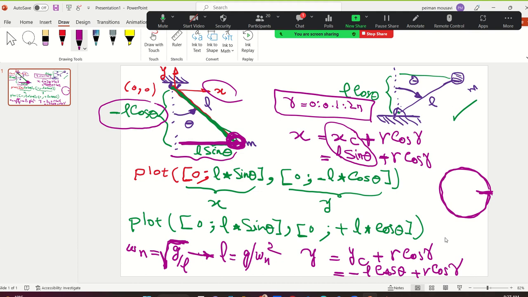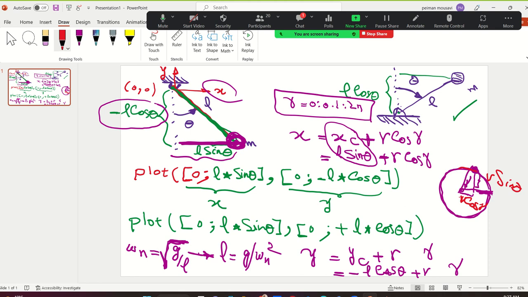Guys, I made a mistake here. Look at here. If you assume a point on a circle, and here is gamma, so x of c is gonna be x of c plus r cosine gamma. Here is r. Here is r cosine gamma. Here's gonna be r sine gamma.